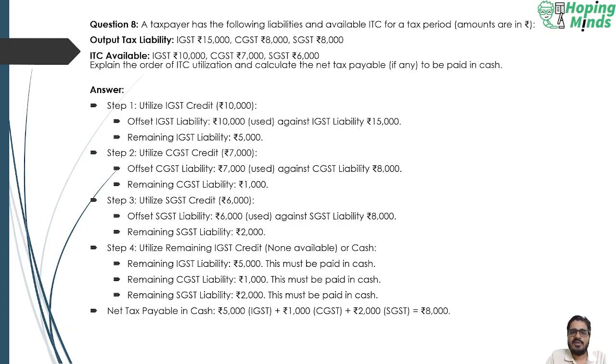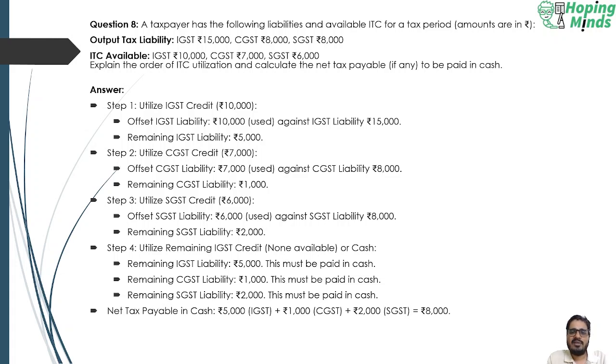So in this question, step 1, utilize IGST credit of rupees 10,000. The total IGST credit is rupees 10,000, but the liability against IGST is rupees 15,000. So the entire rupees 10,000 IGST ITC will be utilized to pay off the IGST liability of rupees 15,000.